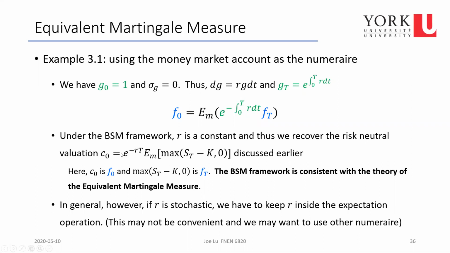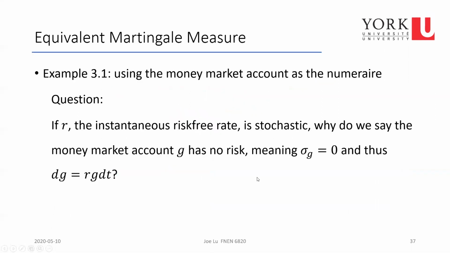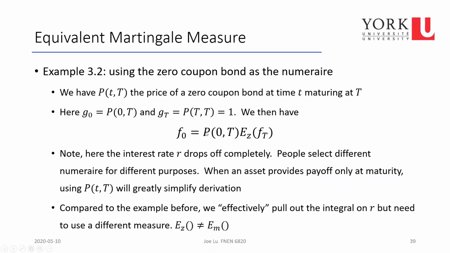So this part, we don't have this anymore. Instead, we have this discount factor, which is the current value of the zero coupon bond. Now notice that the expectation is under a different measure, because I purposely denoted this with a Z here to denote that this expectation is taken under a different measure than when the money market account is used as a numeraire.